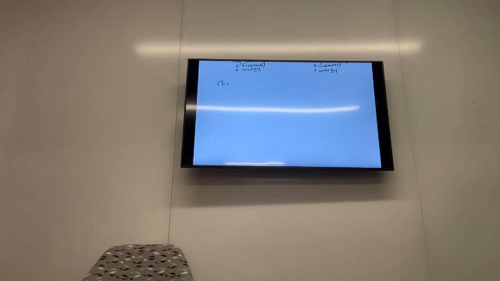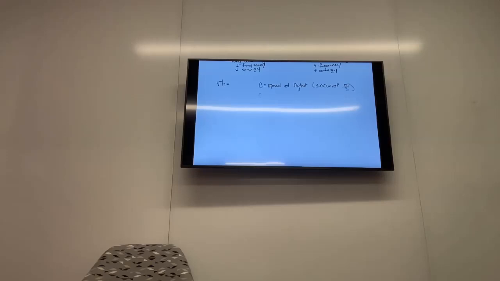Does it look like Y? Not Y. It looks like C. It's a C. So C is equal to the speed of light. Yep, this is the speed of light, 3.00 times 10^8 meters per second.